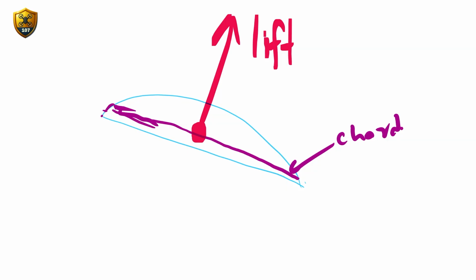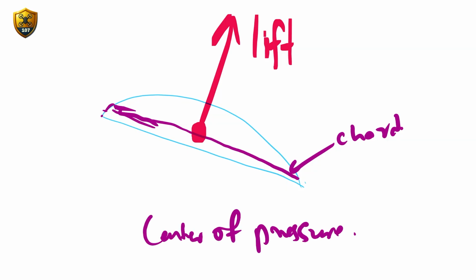What is it? Center of pressure. Okay. So this is what's going to happen, right? And the drag on the wing will be in the opposite direction, something like this. Okay, we have the drag. Okay, we have the lift, we have the drag, we have the chord, and based on these two forces, we have the lift and the drag, right?